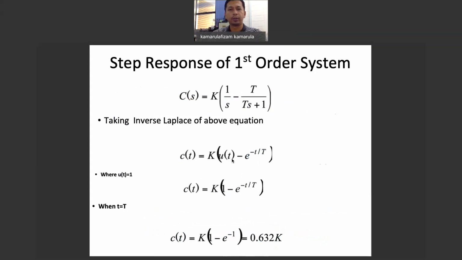This is more or less the equation. You can do the detailed calculation yourself. And when you set u(t) equal to 1, this is your equation. But when you have t equal to capital T, this is your equation. So you more or less know this.